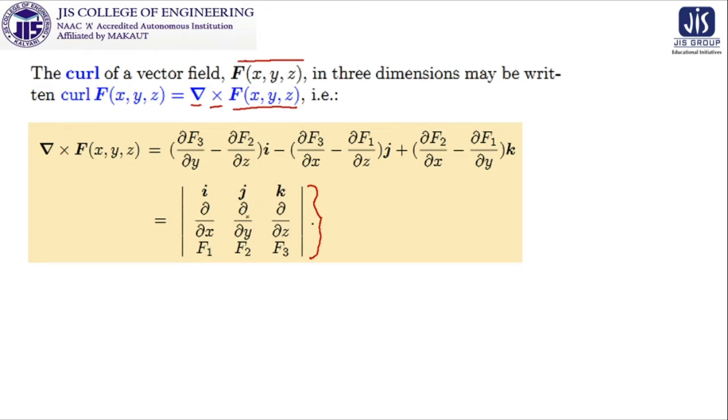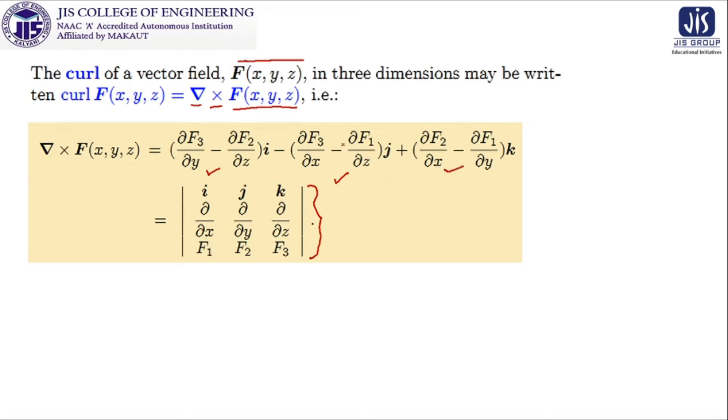So del y of f3 minus del z of f2, clear? Then minus, according to the distribution of determinant, j, so this one and this one will not be there, del x of f3 minus del z of f1. And similarly for the third part k, we will get del x of f2 minus del y of f1.